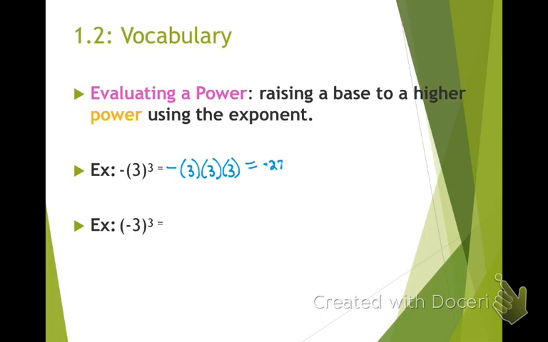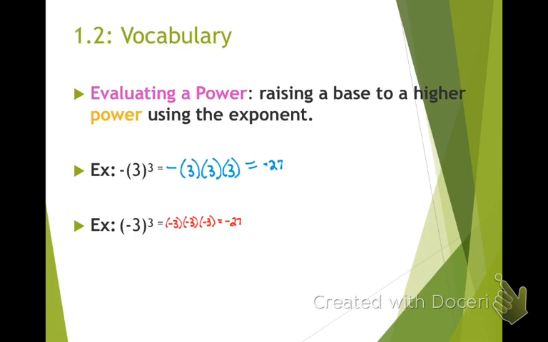Whereas in the second one, even though we're going to get the same answer in this case, it's still going to be different because it's going to be negative 3 times negative 3 times negative 3. So negative 3 times negative 3 times negative 3 is still going to be negative 27.